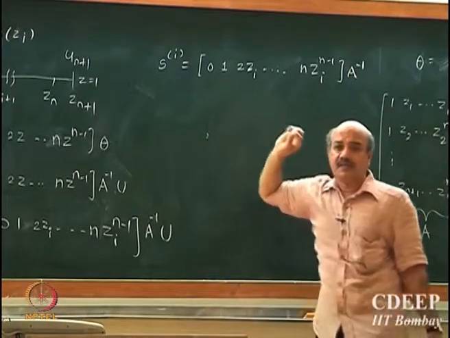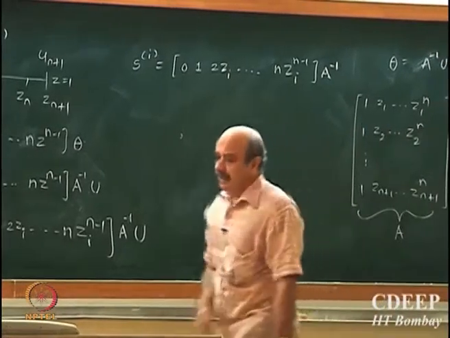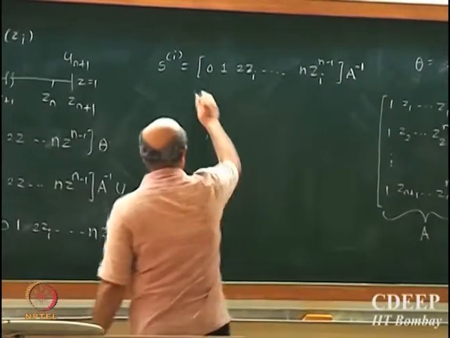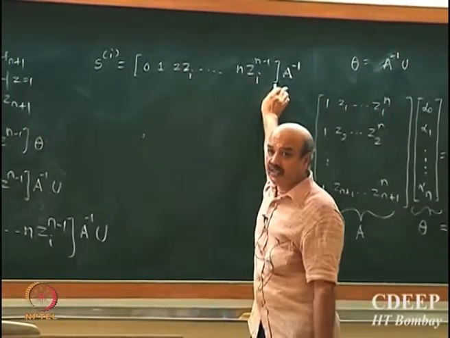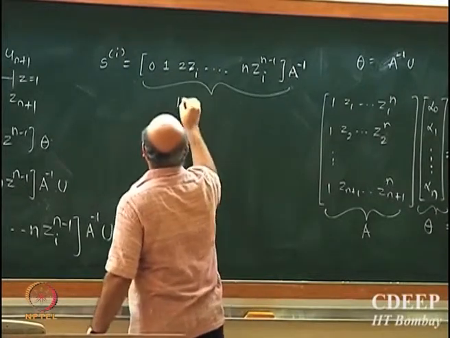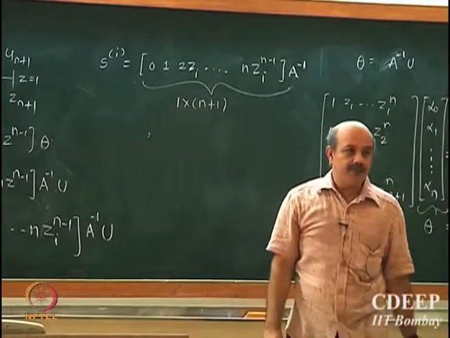What you get here is a row vector, a 1 cross n plus 1 row vector.